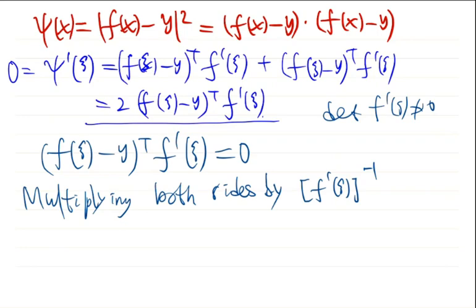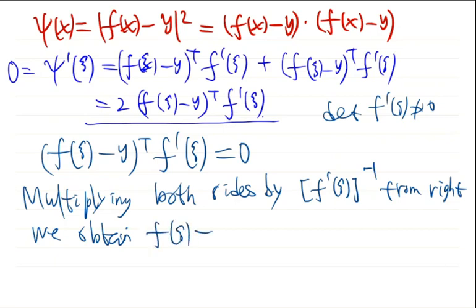So we multiply the inverse matrix from the right. We obtain f C minus y is 0, or y is f C.